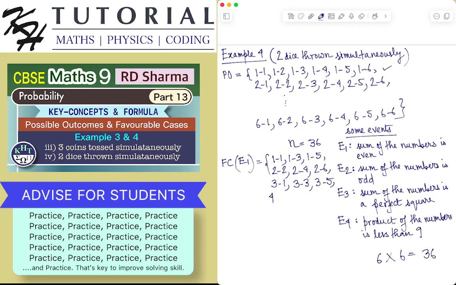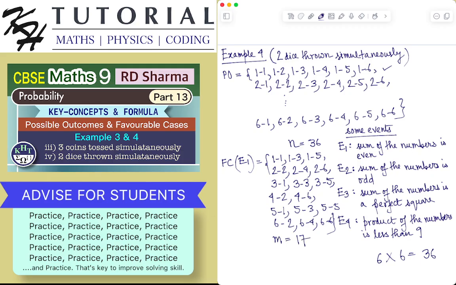Then I can have 4-2, 4-4, 4-6, 5-1, 5-3, 5-5, and then 6-2, 6-4 and 6-6. So how many outcomes are there which are favorable to the event E1? Counting, 1 2 3 4 5 6 7 8 9 10 11 12 13 14 15 16 17. So m is equal to 17.